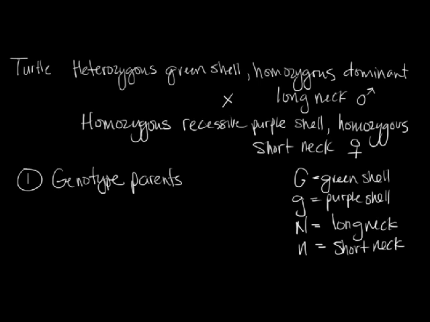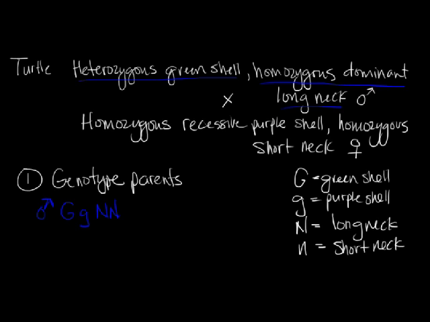Okay, so looking at the parents, the male is going to be a heterozygous green shell. So to make a heterozygous green shell is big G, little g. A homozygous dominant long neck is going to be big N, big N. So that is our male.